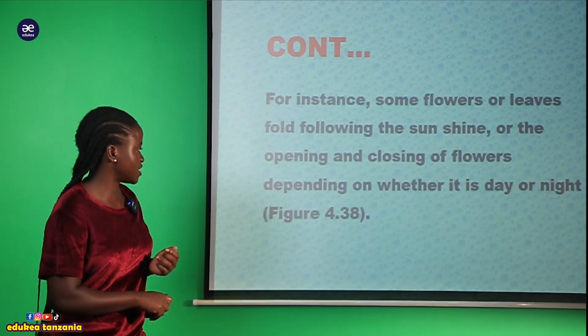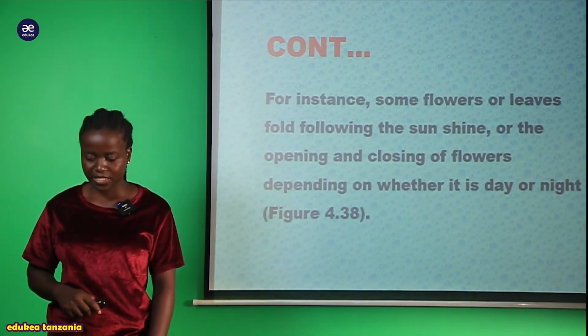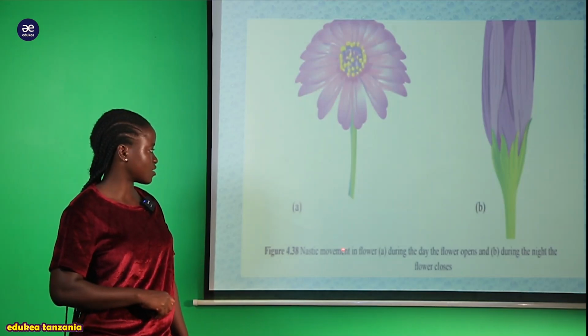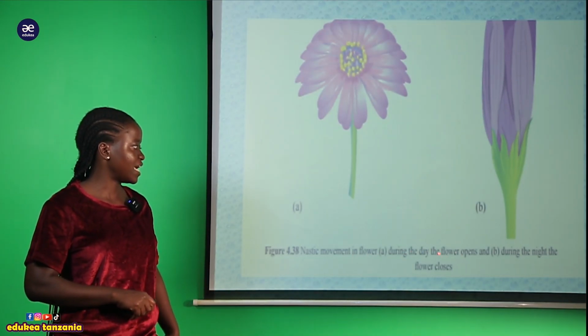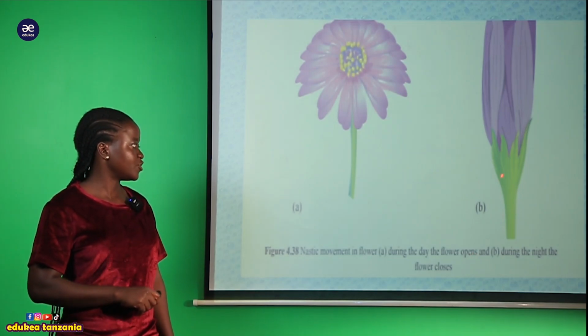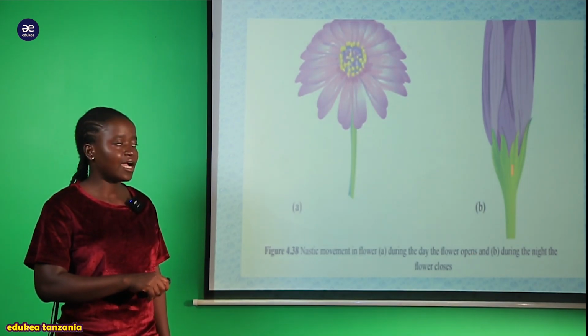So we're going to see this in figure 4.38. As you can see here, this is the nastic movement of a flower, whereby in A we can say that during the day the flowers open. Lakini during the night, now you can see the flower closes.